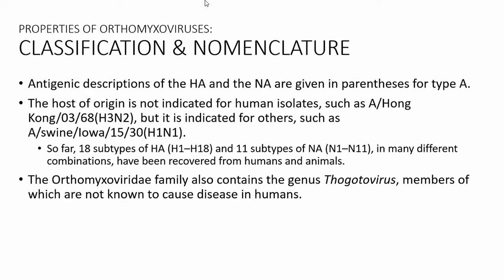So far, 18 subtypes of hemagglutinin and 11 subtypes of neuraminidase in many different combinations have been recovered from humans and animals. The Orthomyxovirus family also contains the genus Thogotovirus, members of which are not known to cause disease in humans.